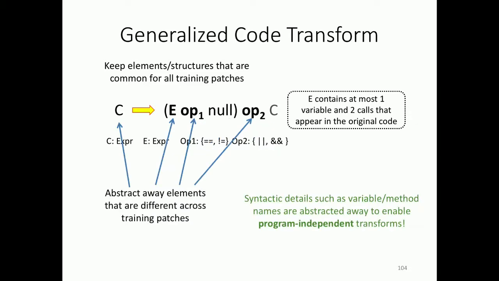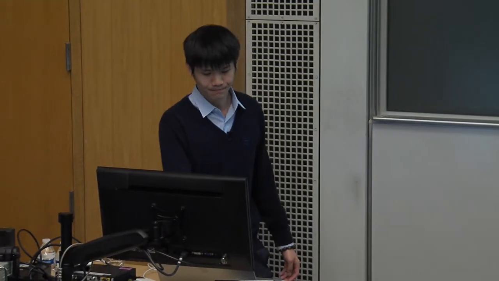For the remaining part, it abstracts away the elements that are different. This enables us to get rid of program-specific details like variables or the original expressions, and only keep the high-level actions. This enables the resulting transform to apply to not just one program, but multiple programs.